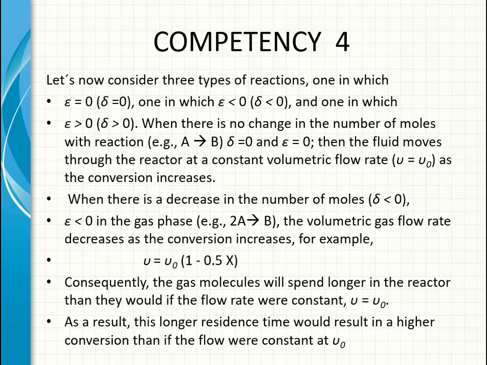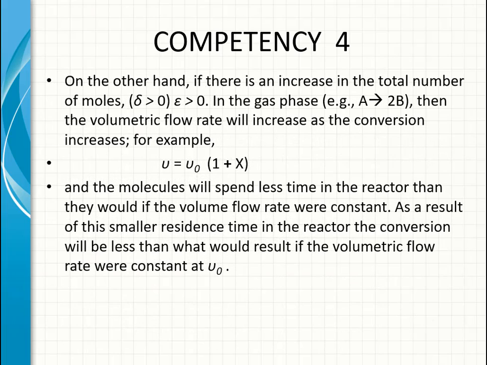And on the other hand, if there is an increase in the total number of moles, delta will be higher than 0, epsilon will be higher than 0. In this case, in the gas phase, A goes to 2B, then the volumetric flow rate will increase as the conversion increases.